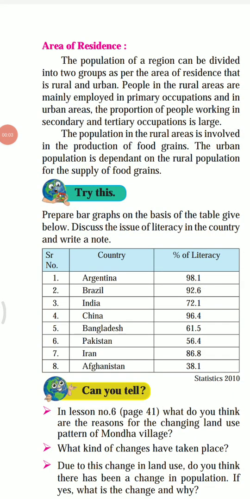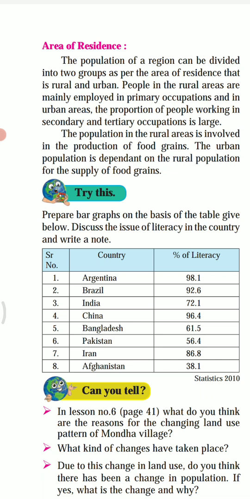Children, the population of a region can be divided into two groups as per the area of residence, that is rural and urban. People in the rural areas are mainly employed in primary occupations, and in urban areas, the proportion of people working in secondary and tertiary occupations is large.